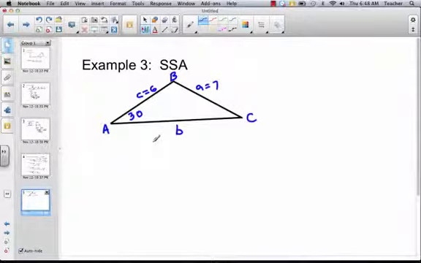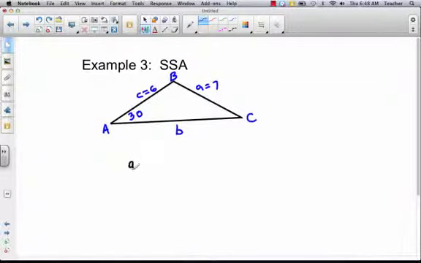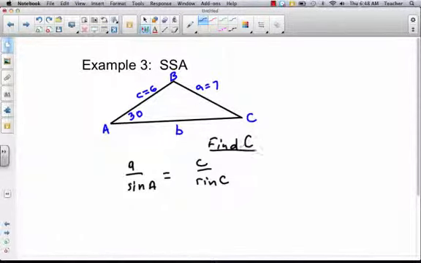So what we have on this one is that we know angle A, side A, and then this side C. So notice we have side, side, angle. So we'll take side A over sine of angle A is equal to side C, which we will know, over sine of angle C. So we're going to find this angle C. Now this is the angle we're finding.